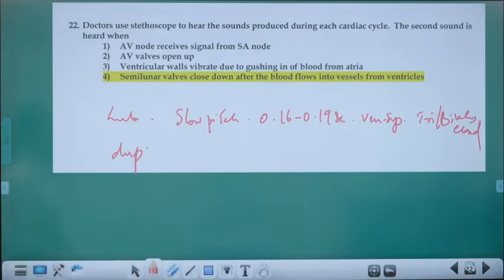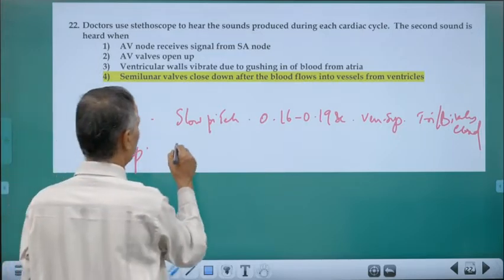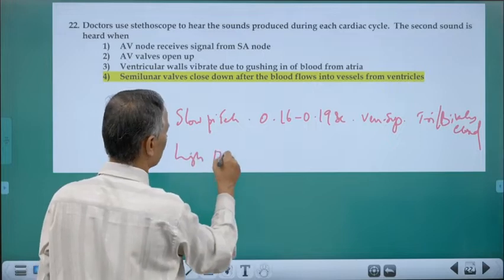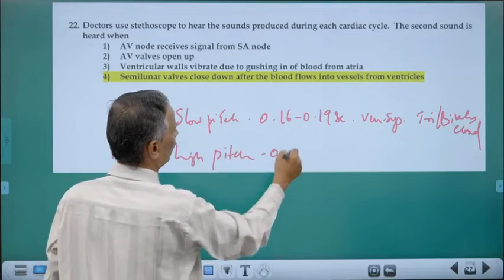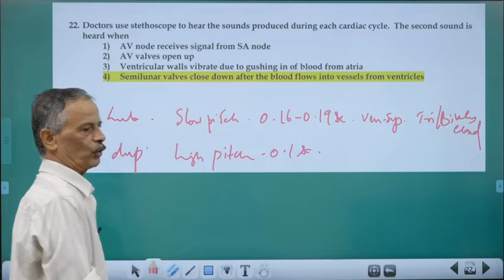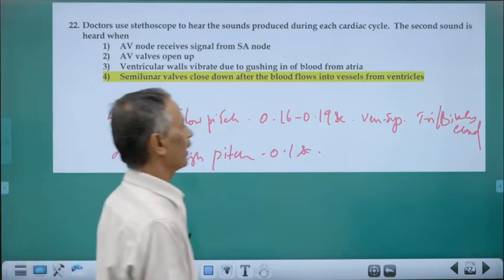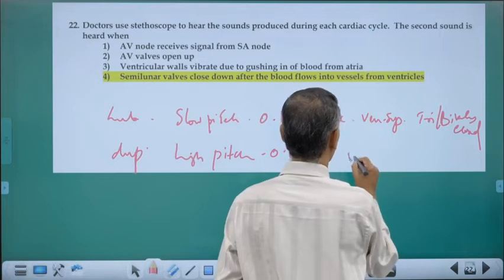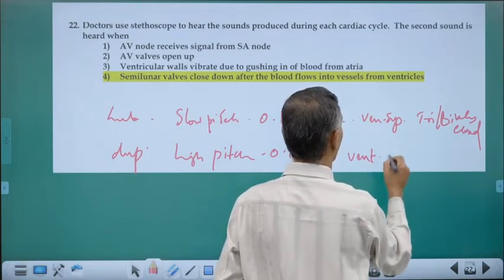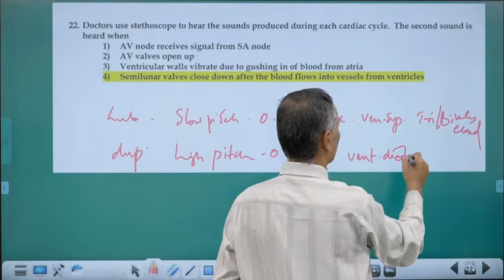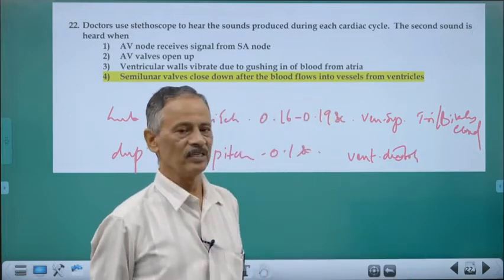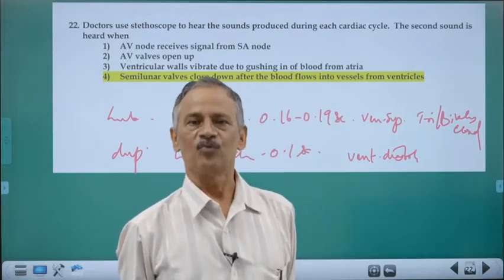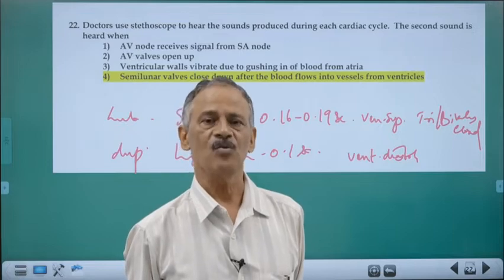Whereas the dub sound, it is a high pitch, 0.1 second, short duration. Okay, and it is caused because of the beginning of the ventricular diastole. When diastole begins, the pressure inside the ventricle falls.